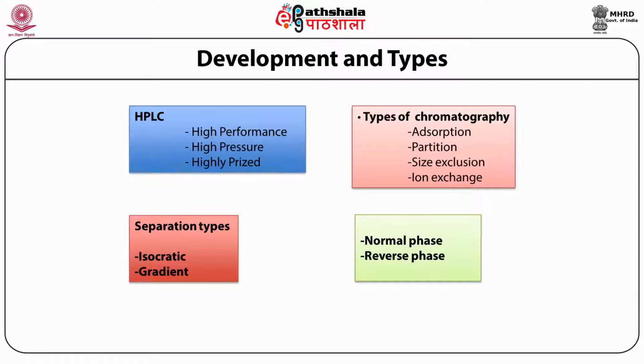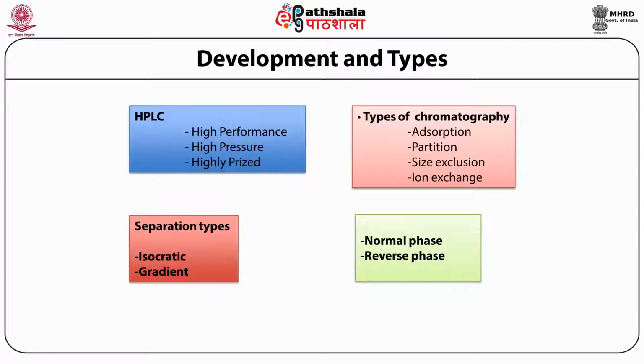By and large, when we differentiate the methods employed in HPLC, we divide them into two types, isocratic and gradient. Isocratic means the solvents used in HPLC are always kept in the same proportion and do not change. If the solvents change over time, it is called a gradient.